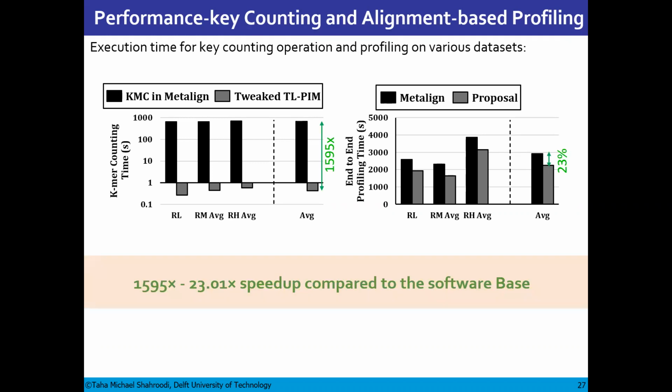As you can see, our tweaked TLPIM and corresponding MetaAlign-based method provides on average more than 1,500 times and 23% speedup for k-mer counting and end-to-end profiling respectively, compared to MetaAlign's original counting mechanism, KMC, and MetaAlign itself. This is significant because table lookup wasn't even the main bottleneck in this application. However, our design with a bit of modification is still applicable to this type of profiling class as well.